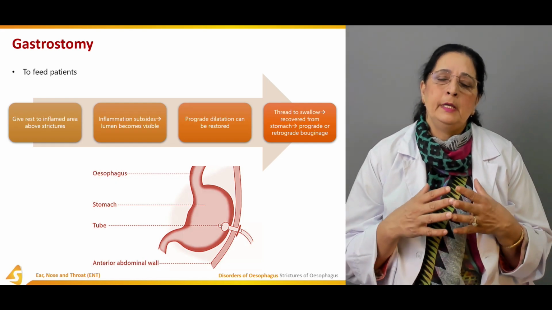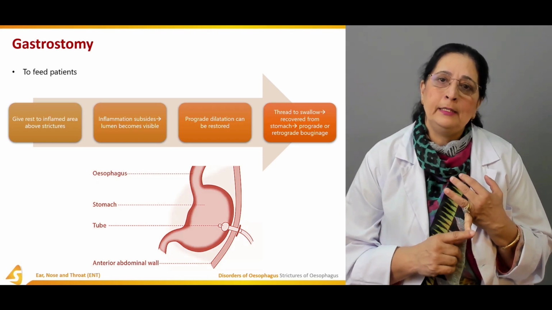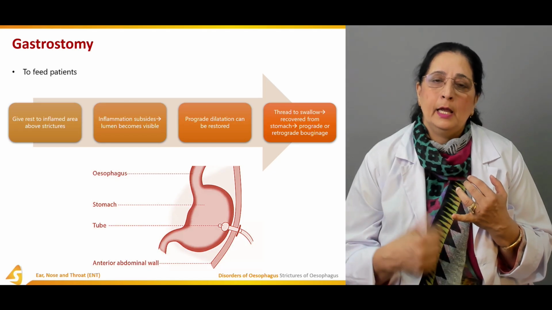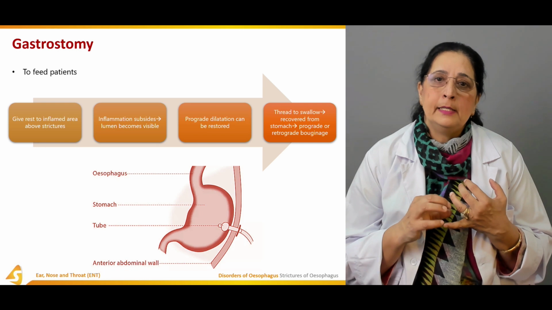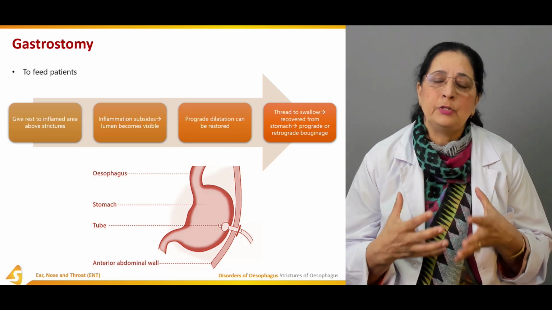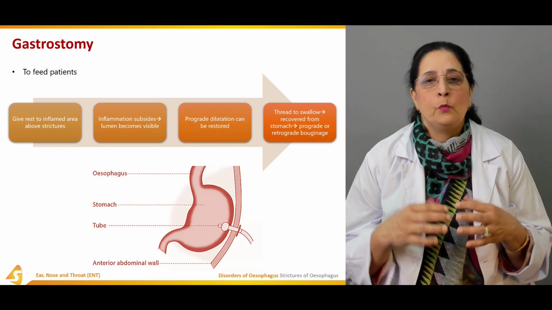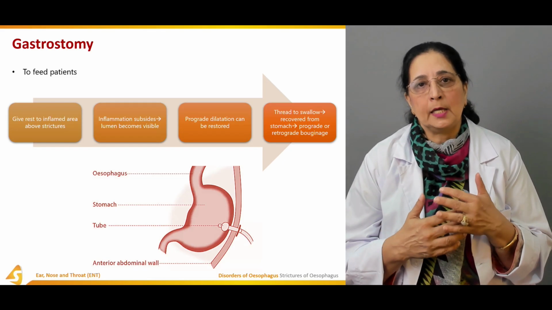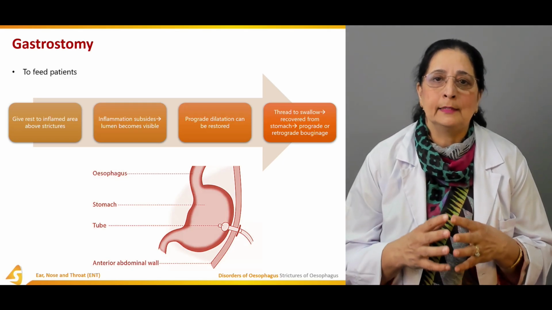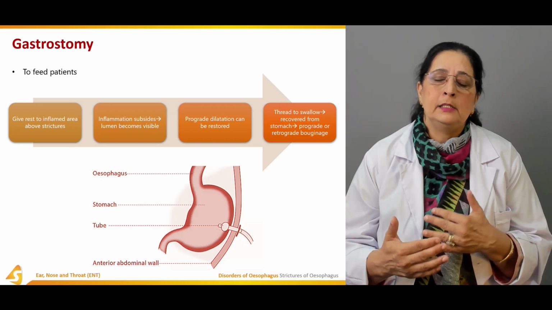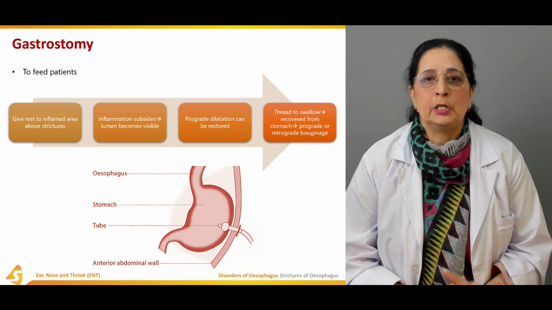So the opening in the stomach is made mainly to feed the person when the esophagus is injured or damaged, and it can also give rest to the damaged or inflamed area. Once the inflammation subsides and the swelling is reduced, it's easy to look at the damaged area, and then the doctors usually decide what procedure can be done.